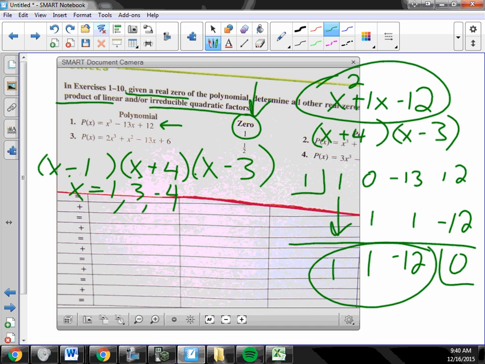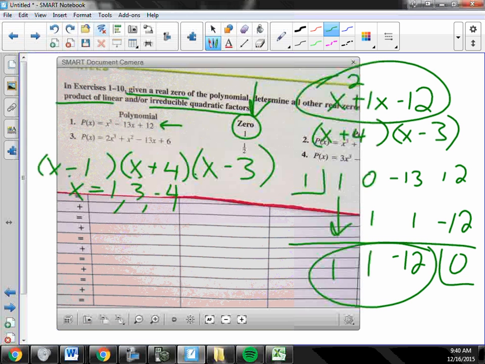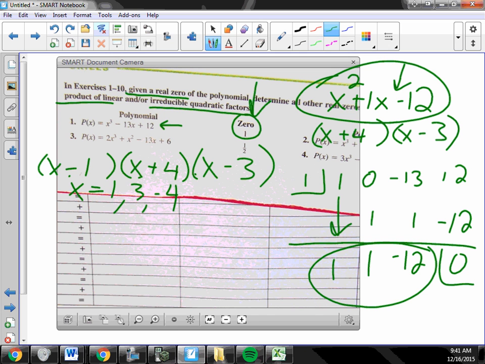It says determine all other real zeros. So if this doesn't factor, it wants you to use the quadratic formula to find what they are. But over here, you don't need to list them this way. You would just list this.